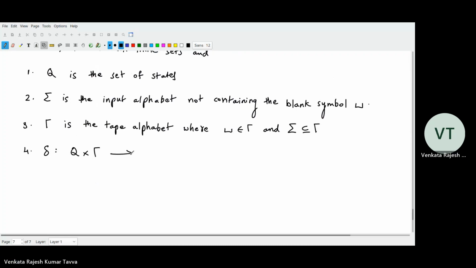That is the domain, and the range is Q cross gamma cross the set L and R. Okay, so this is the transition function.